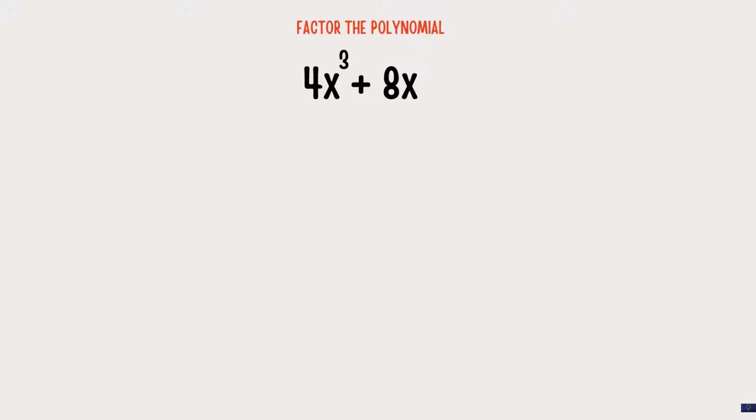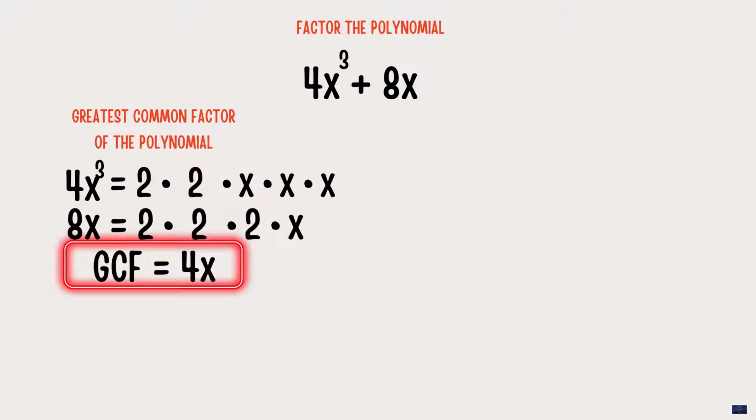The first step that we should do is to find the greatest common factor of the polynomial. We will just apply what we have learned from the previous examples. 4x cubed is equivalent to the product of 2 times 2 times x times x times x. On the other hand, 8x is equal to the product of 2 times 2 times 2 times x.